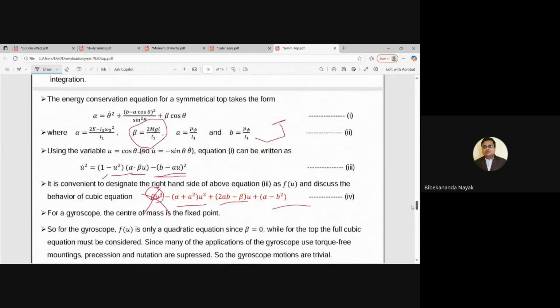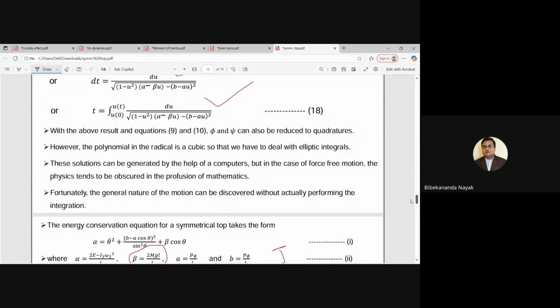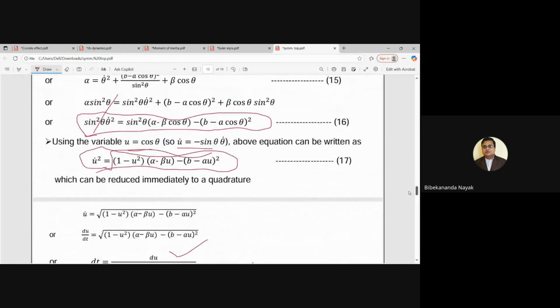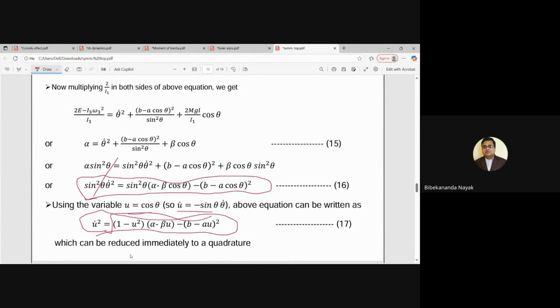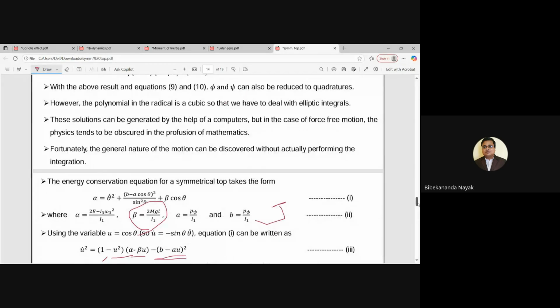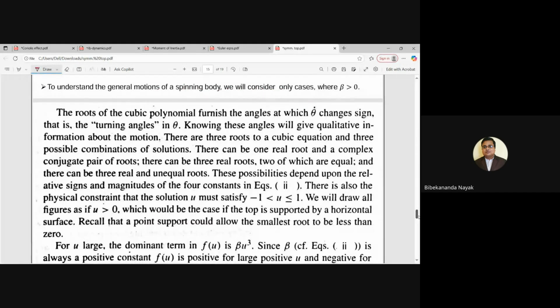Why? Our substitution is u equal to cos theta. Cos theta has maximum value +1 and minimum value -1, and always lies between -1 and +1. So u always lies between -1 and +1.